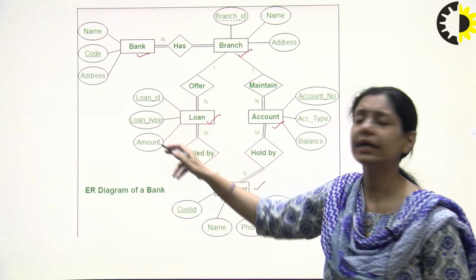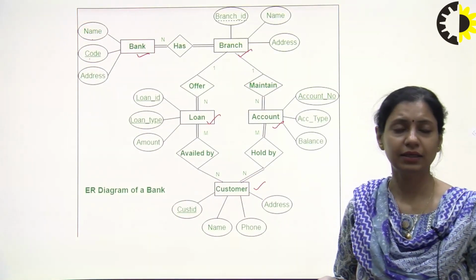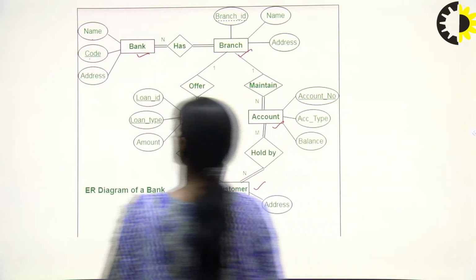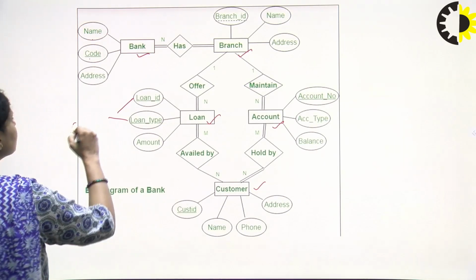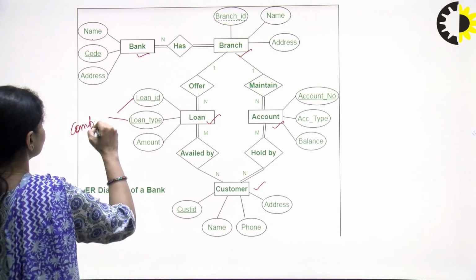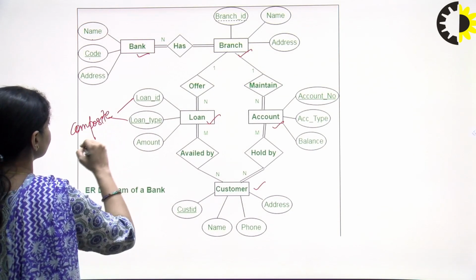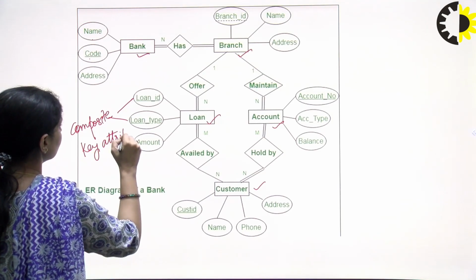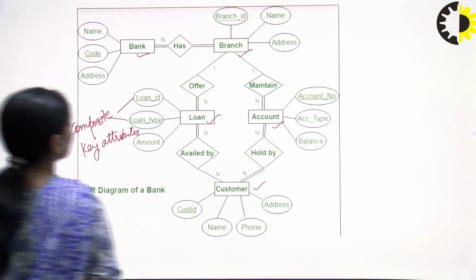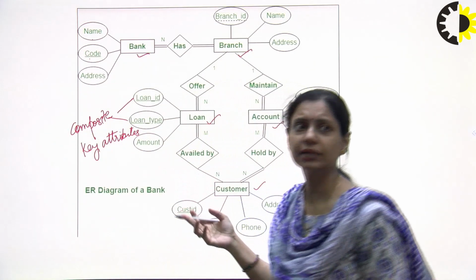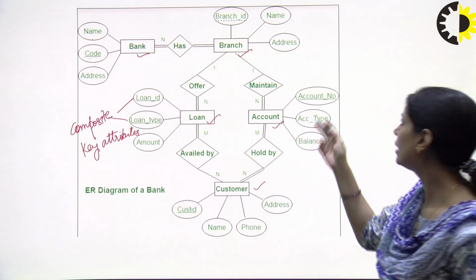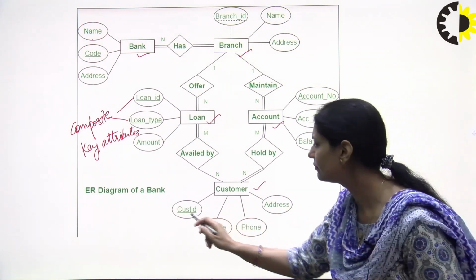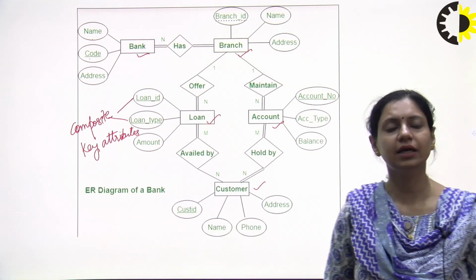The loan ID and the loan type both are key attributes. These types of attributes are known as composite key attributes. Account will have the account number, customer will have the customer ID. So these are the key attributes.